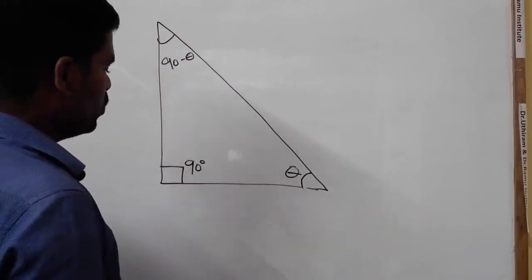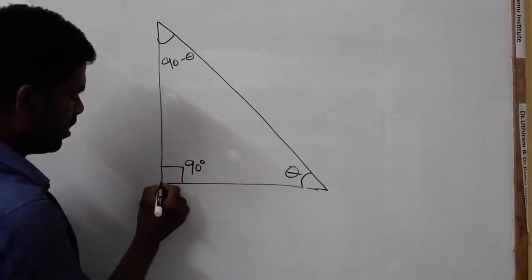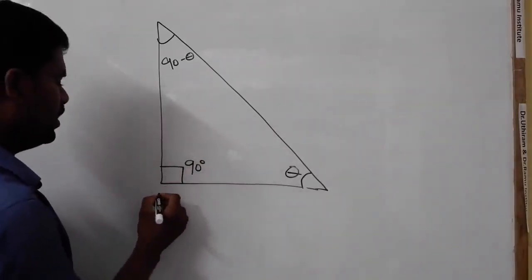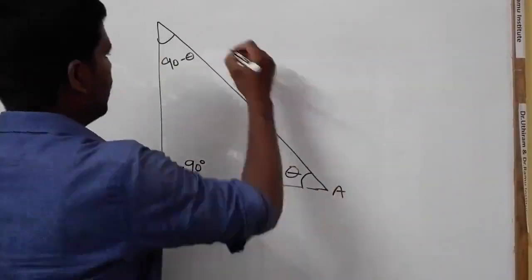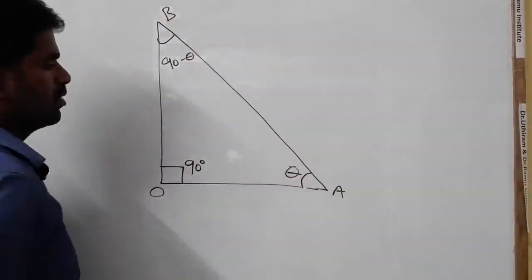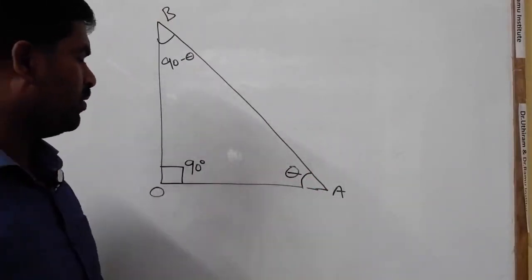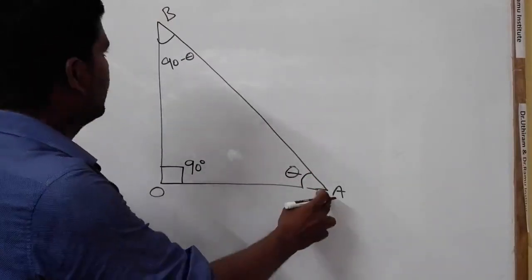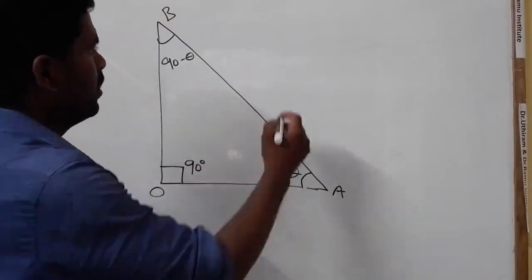So I am going to label the vertices of this triangle. Let me label this point as O, this point as A, and this point as B. Look at that, the angle formed between line OA and AB is theta, which is an acute angle.